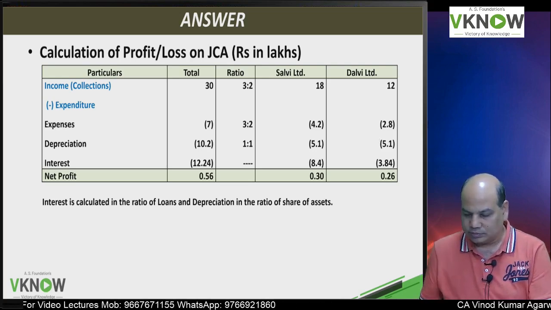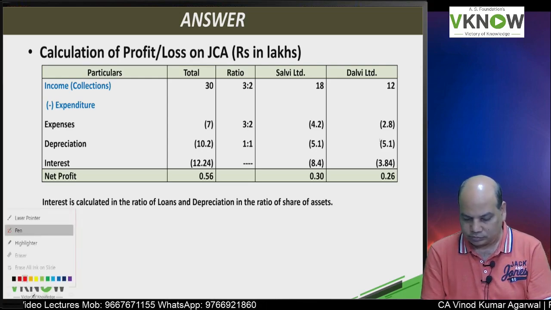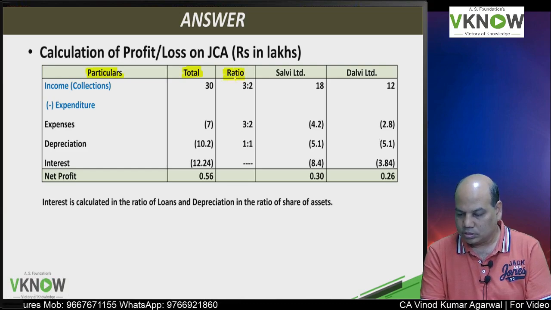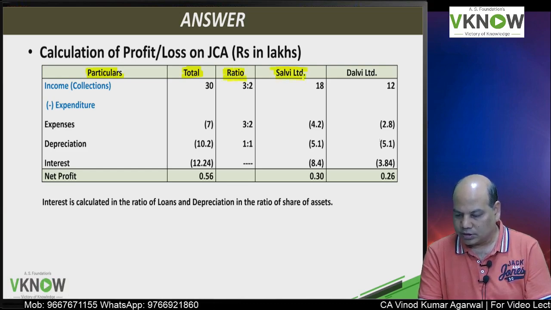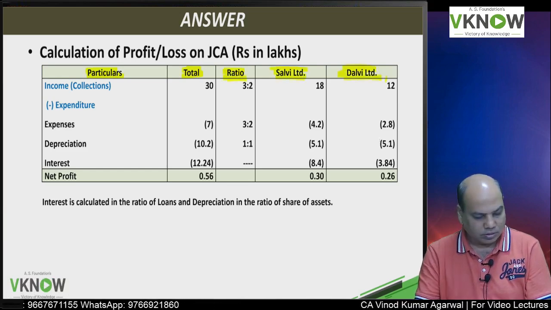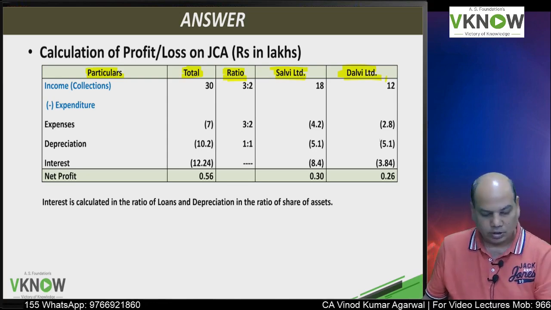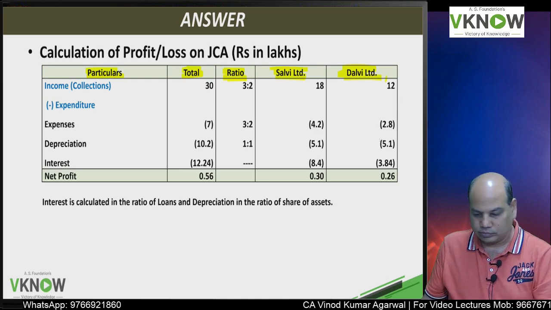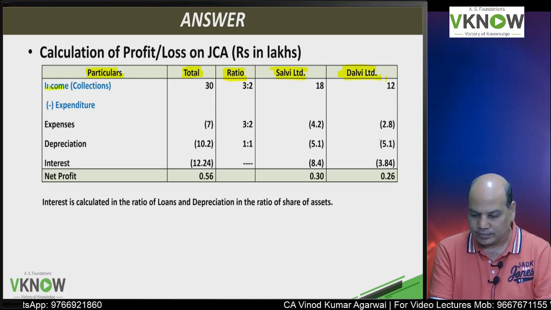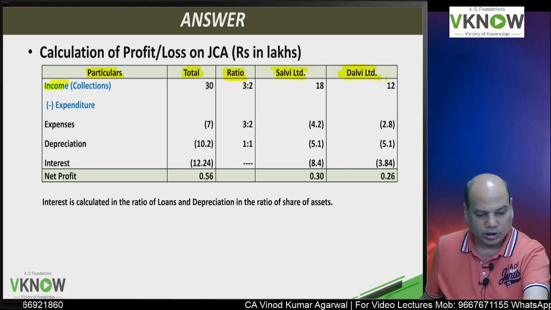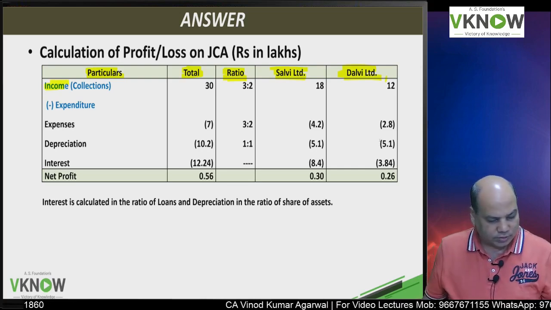Draw this table. Particulars, total, ratio, Salvi Limited, Dalvi Limited. Then write down income. What is the total income? Total income is the total collections.